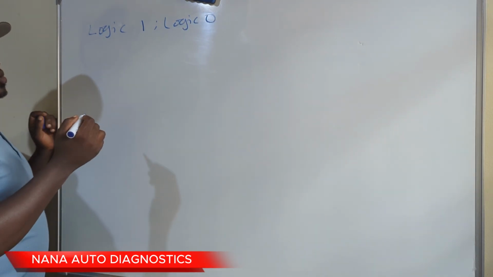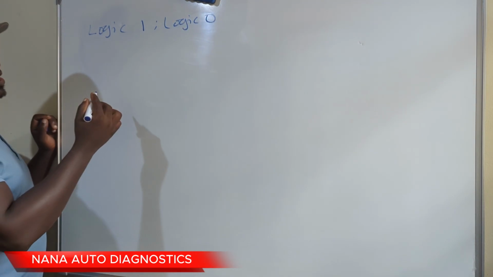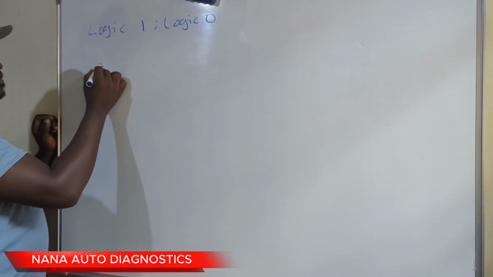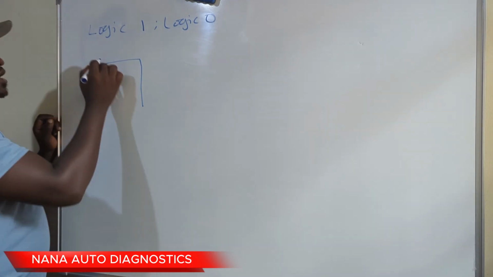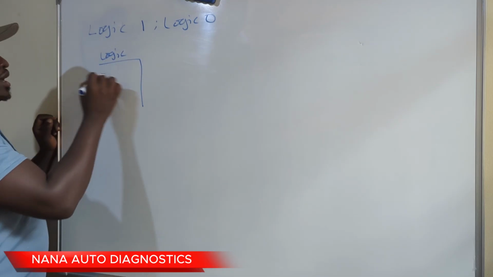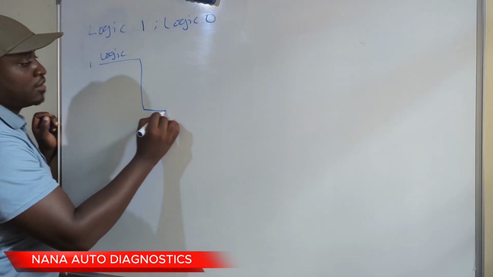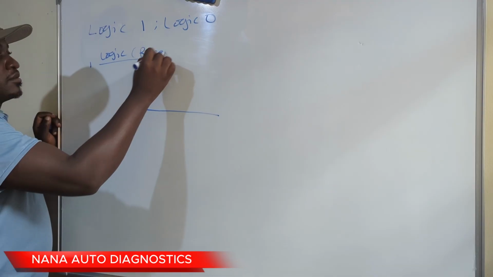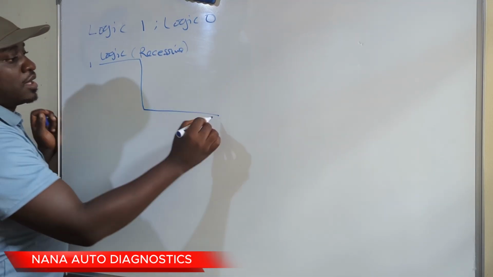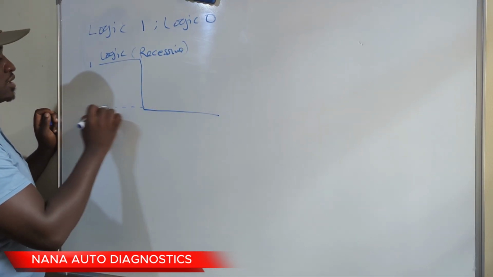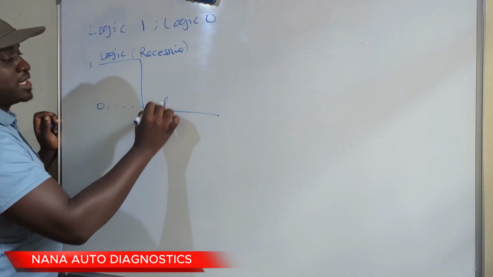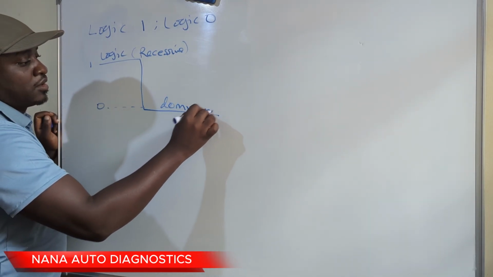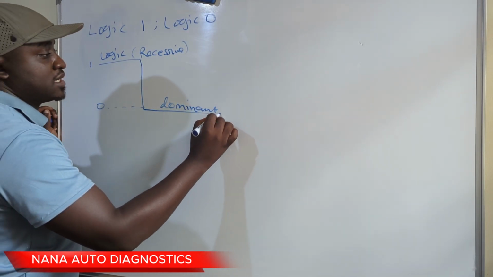As pertains to CAN bus communication, a logic 1 is considered as a recessive, and a logic 0 is considered as a dominant state.